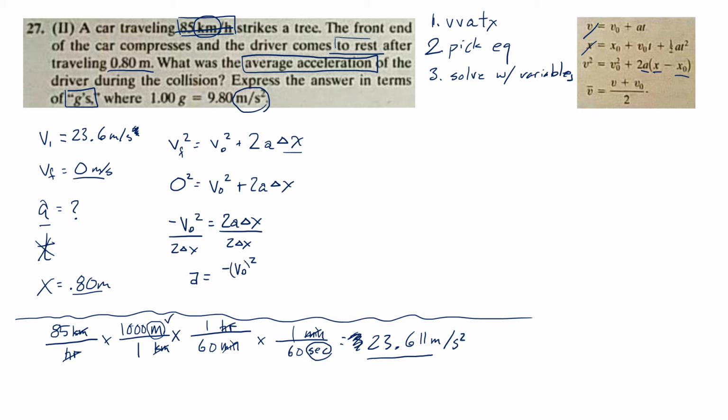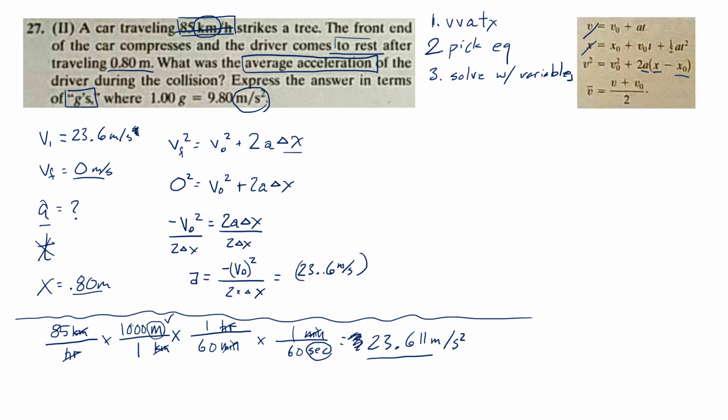FYI, this negative is on the outside, right? The whole value at the end is going to be a negative value. Don't let the square cancel out this negative. We want to keep that negative, divided by 2 times delta x. So we can plug in. When we plug in, this becomes 23.6 meters per second.